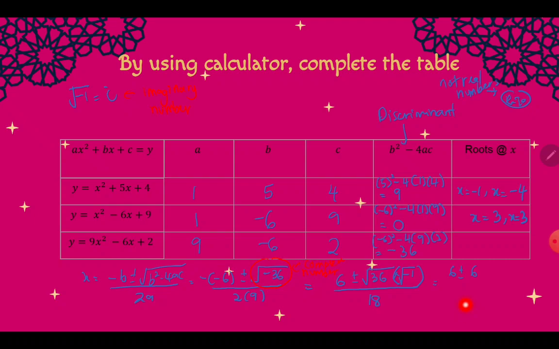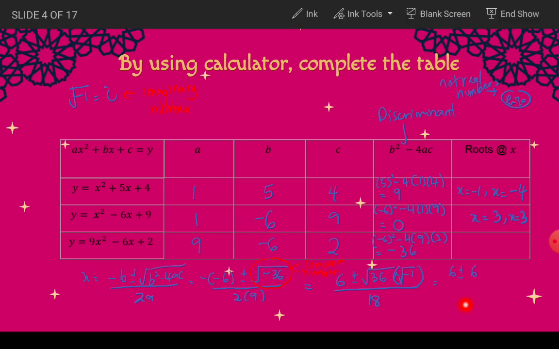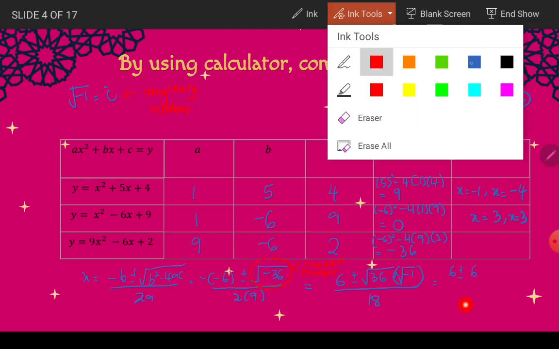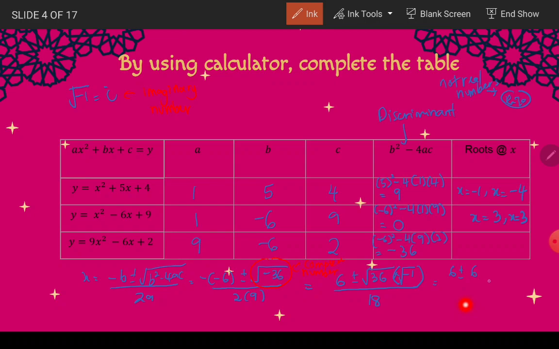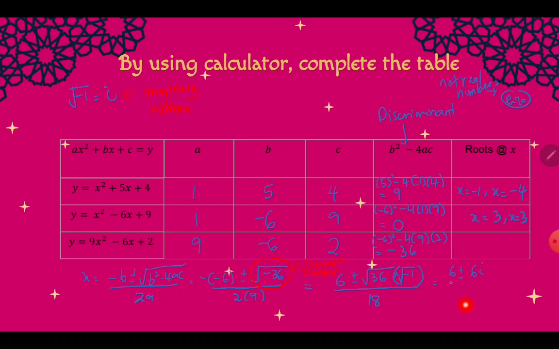Remember, square root of negative 1 is a number which we call i, the imaginary number. However, the number is not real. It is a complex number. So we can say that this is actually 6 plus minus 6i over 18.